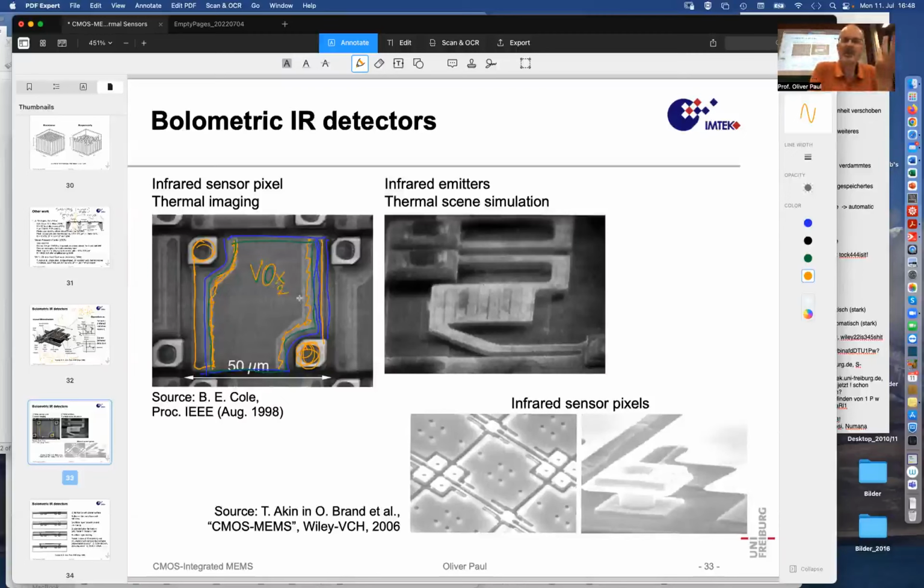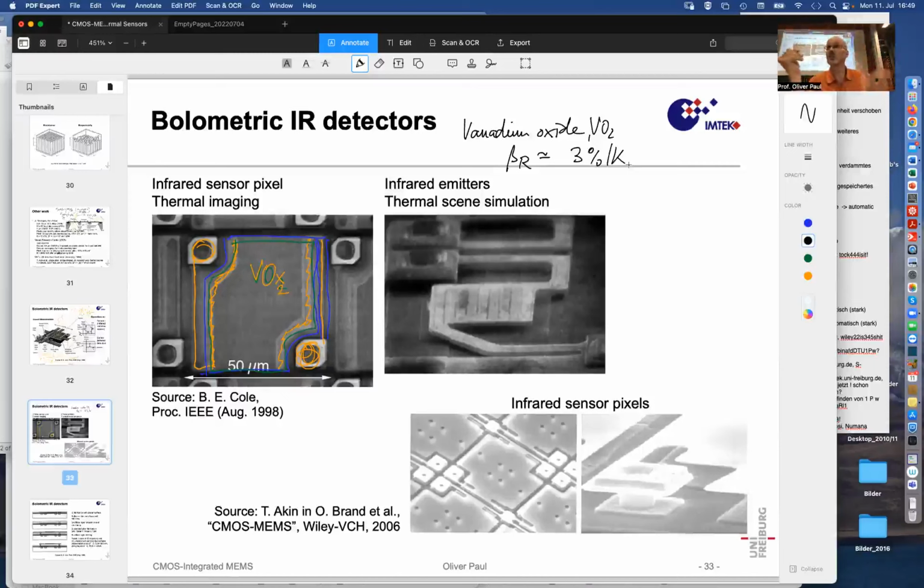Vanadium oxide, VO2, has a beta of resistance of something like 3% per Kelvin or degree centigrade. That means if you change its temperature by a degree, its resistance changes by 3%.